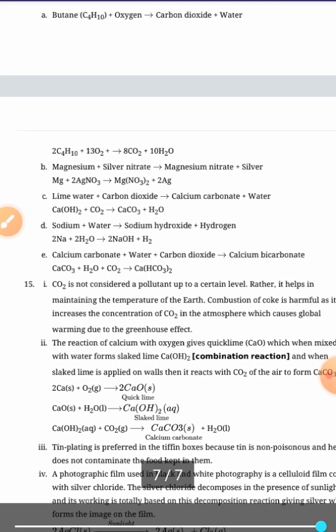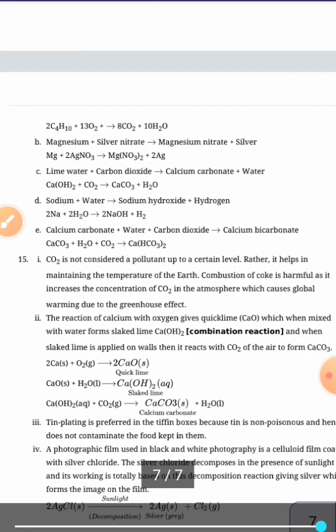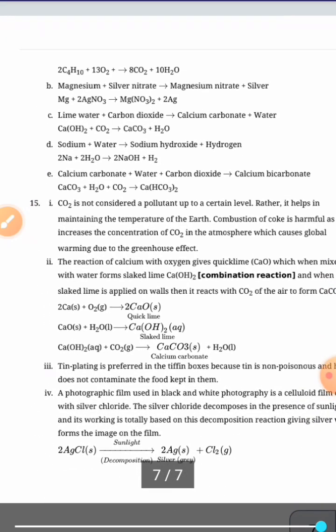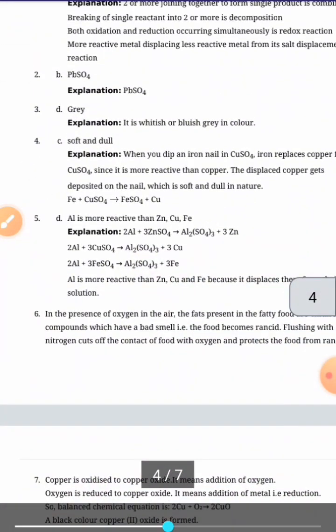Calcium carbonate plus water plus carbon dioxide gives calcium bicarbonate: CaCO3 plus H2O plus CO2 gives Ca(HCO3)2. Question number 15. This is the last question.